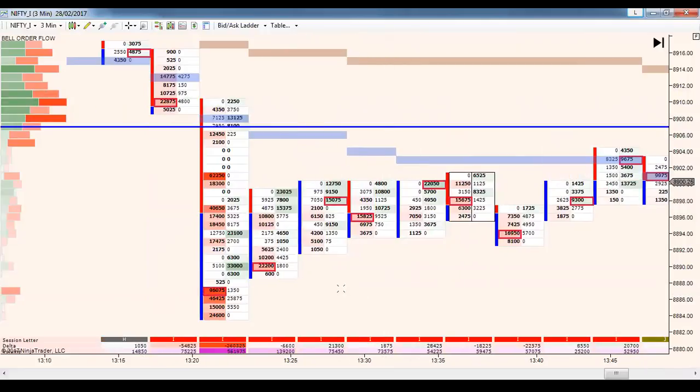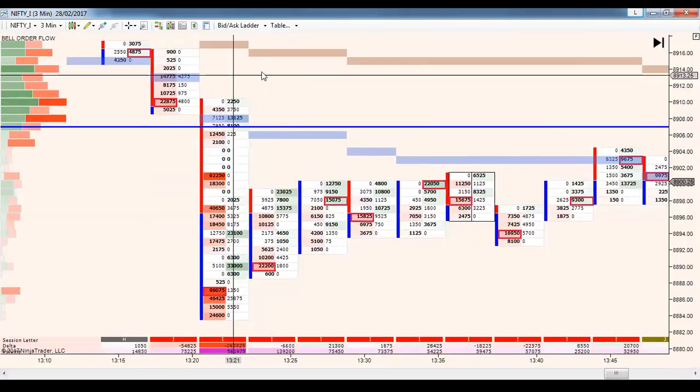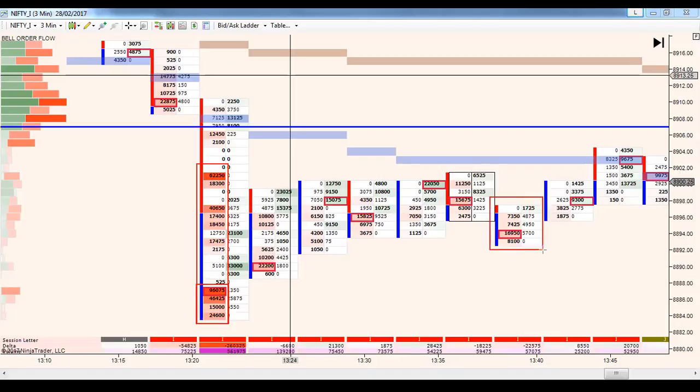On the short time frame chart also, you can see the same phenomena, nice deep red prints clustered right at the lows of this bar, the next bar closing higher, and what I was waiting for was this nice test. Once I got this test, we got a similar development in the morning also.